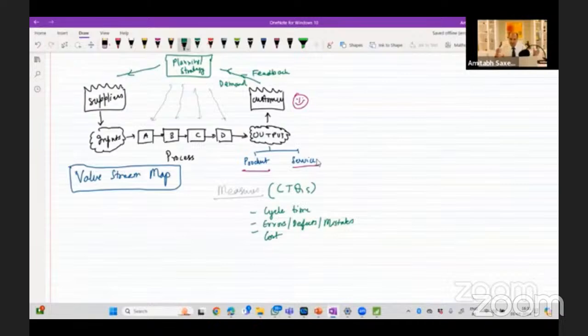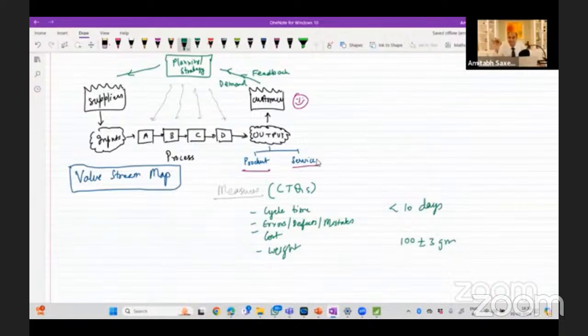Now, this measure has got some specification limits. Specification limits means cycle time should be less than 10 days. Suppose you are producing chocolate, the chocolate should weigh 100 plus minus 3 grams. Cost should be within those specified limits.